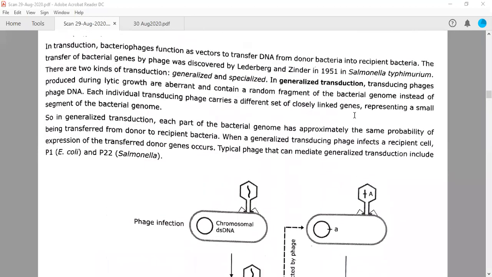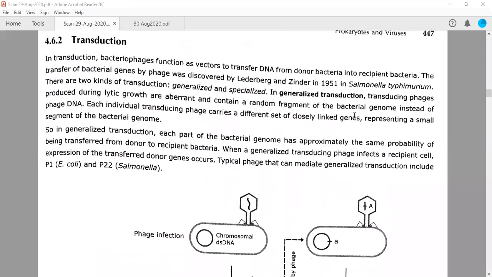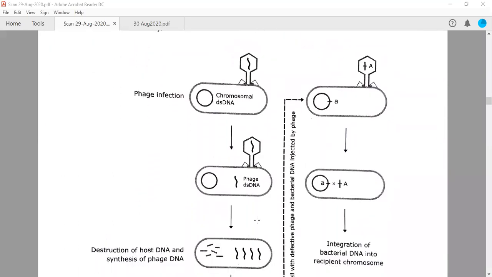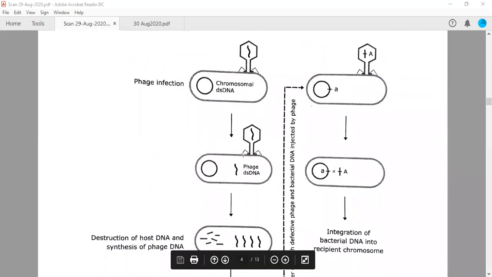Right, so now, transduction can be of two types. One is called generalized, one is called specialized. Generalized meaning that when this type of bacteriophage infects a bacteria in general, it can assemble, it can take up any of the genes randomly.